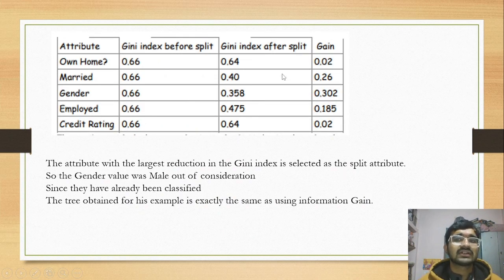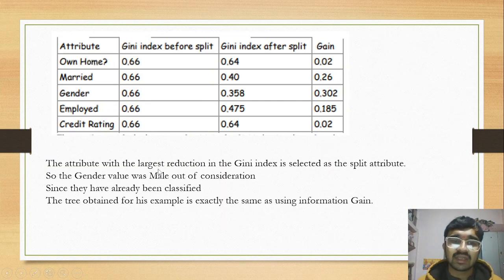In this method we select the attribute which has the minimum Gini index after split, or which has the maximum gain after split. So in this scenario we again got the gender attribute as our appropriate attribute for split, and we will take it as our splitting attribute, and further reduce our table and remove class B. All things will be similar as we have done in entropy and information gain, but there is only a difference in the formula.